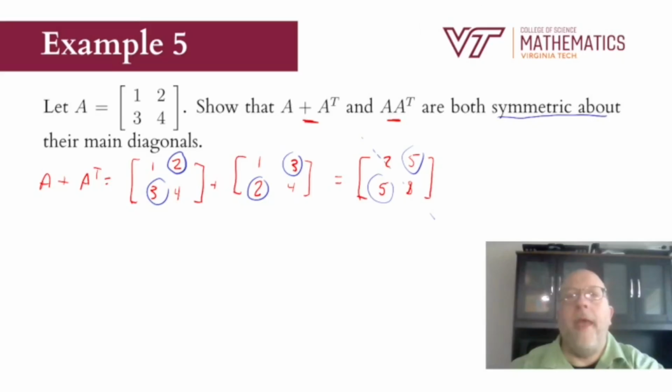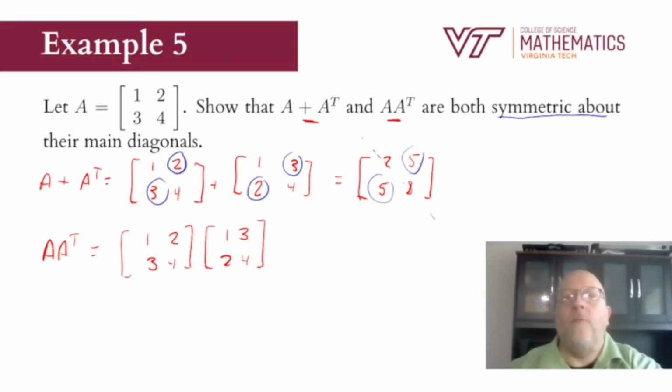If we multiply A times AT, that's 1, 2, 3, 4 times 1, 3, 2, 4. And now we're going to apply the column row rule. Divide this up into columns, divide this up into rows. So we'll pair up the 1, 3 column with the 1, 3 row, and the 2, 4 column with the 2, 4 row.